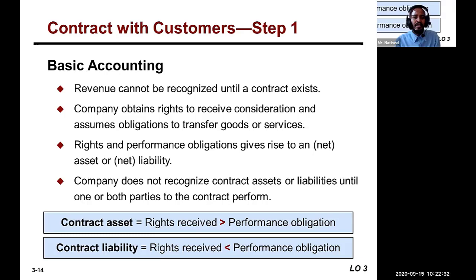A contract asset is when the right received is greater than the performance obligations; a contract liability is when the right received is less than the performance obligations.